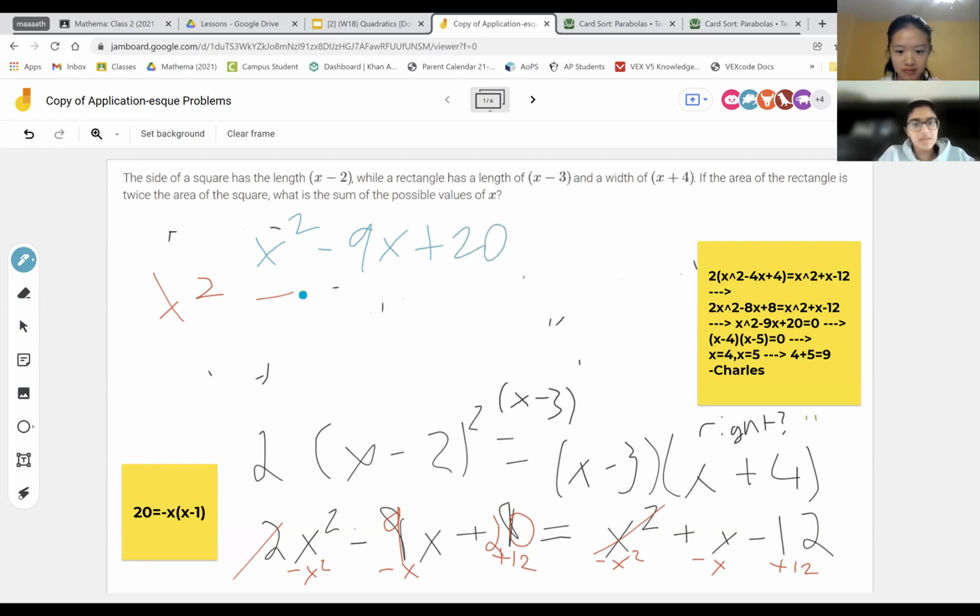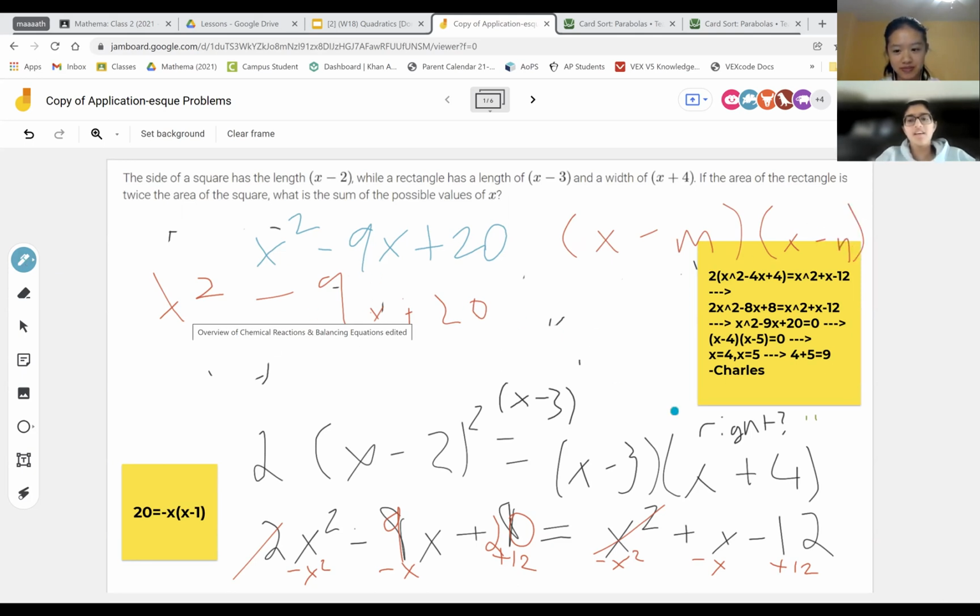My computer is being really slow, so I just saw you writing x squared minus 9x plus 20. But yeah, okay, x squared minus 9x plus 20. So I like to do it in x minus m times x minus n format because it just helps me see the factors, or the roots, easier.